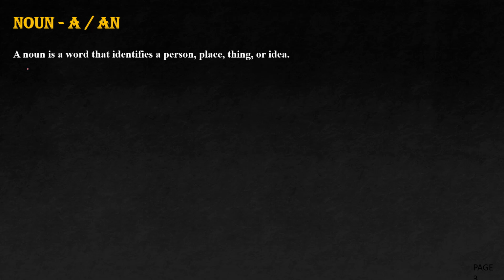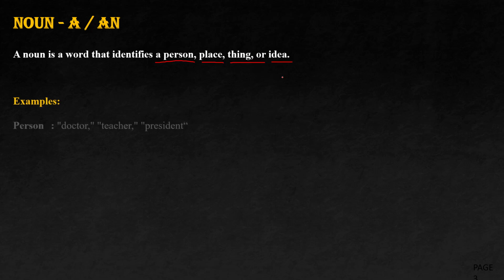Okay, now we'll look into a noun. So what exactly is a noun? A noun is a word that identifies a person, place, thing, or idea.